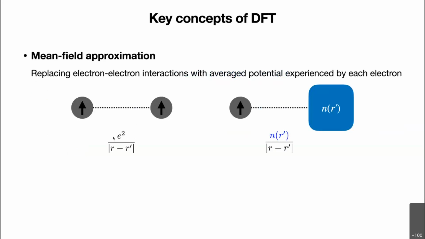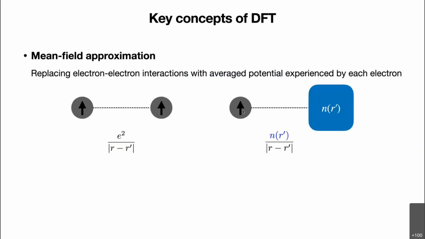The first one is the mean field approximation. Basically, to accurately describe the electron many-body interactions, we have to consider all interactions using this Coulomb interaction. But in DFT calculations, we basically replace these many-body interactions with an average potential, something like this.